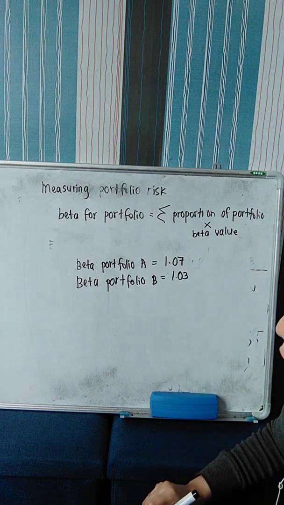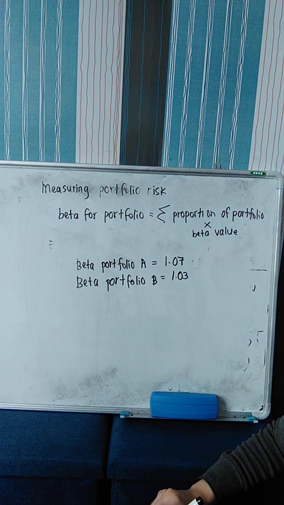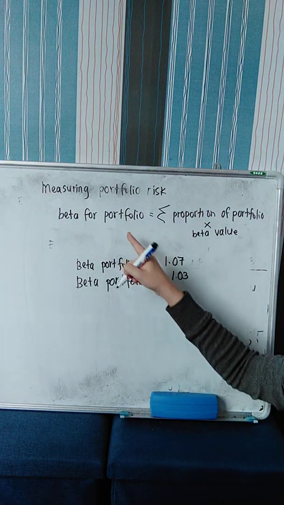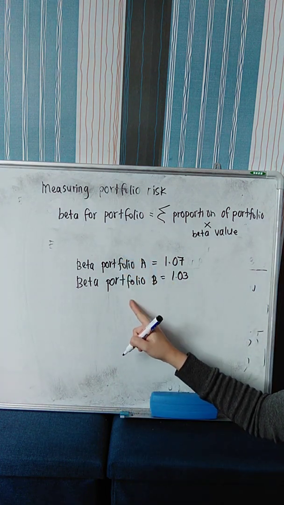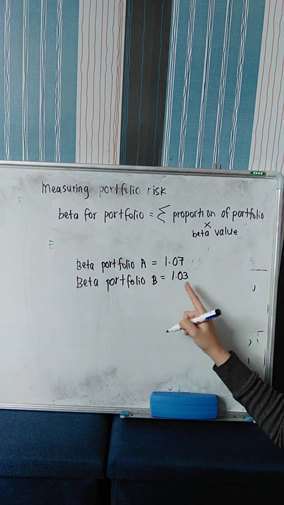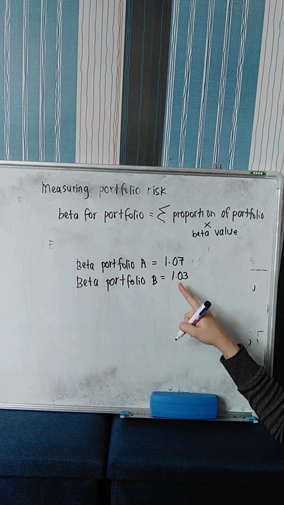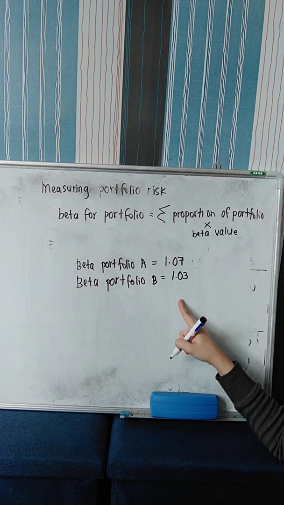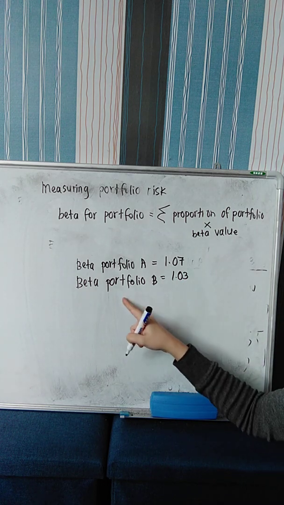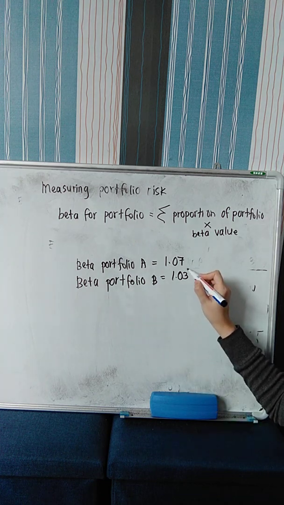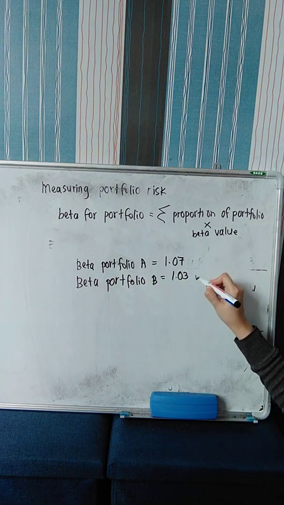Okay, which one you need to choose? For beta, beta means risk. Okay, so you must choose the lowest value. Means if the beta is lowest, means the risk is lower. Okay, so for example here, you must choose the value of 1.03.